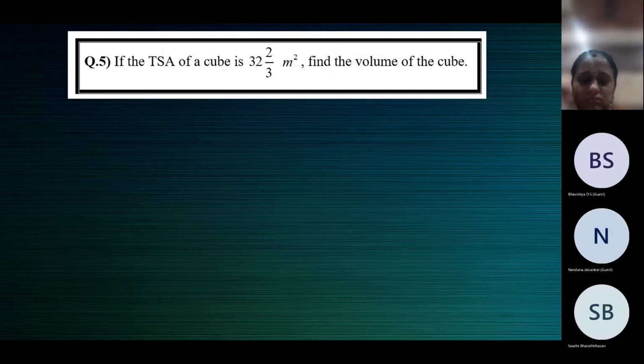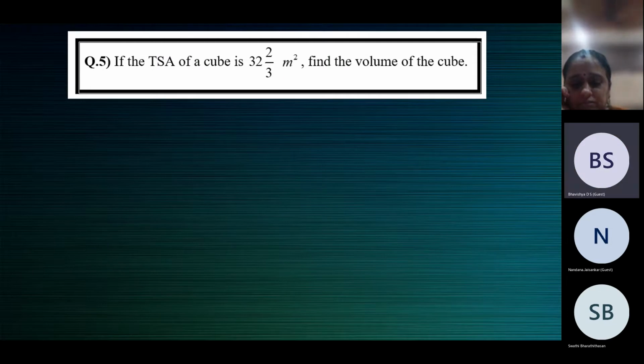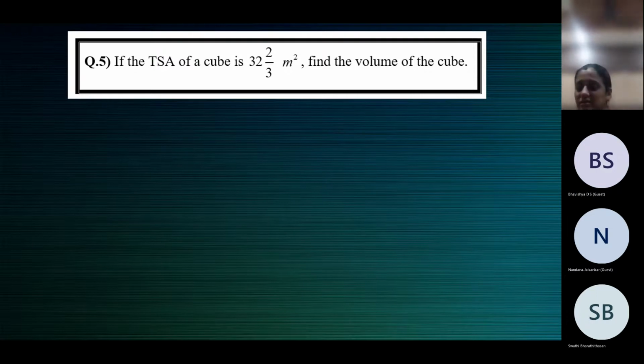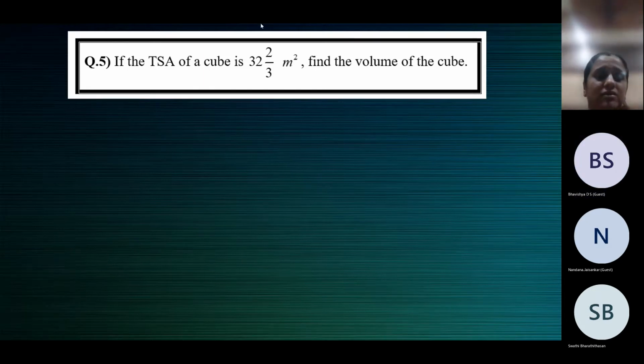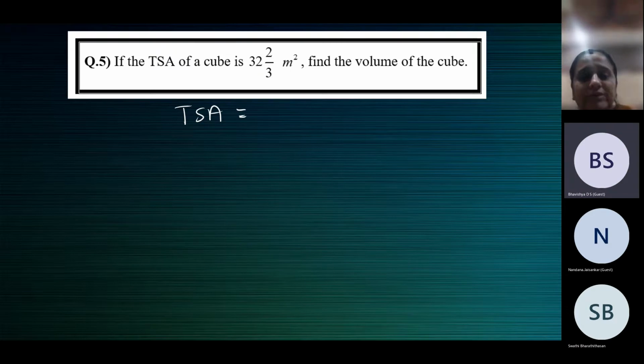Ma'am, I'm having doubt in this sum, how to do it. Very good. Tell me, let's do it together. I'll help you where you don't know. Till there, you help me.